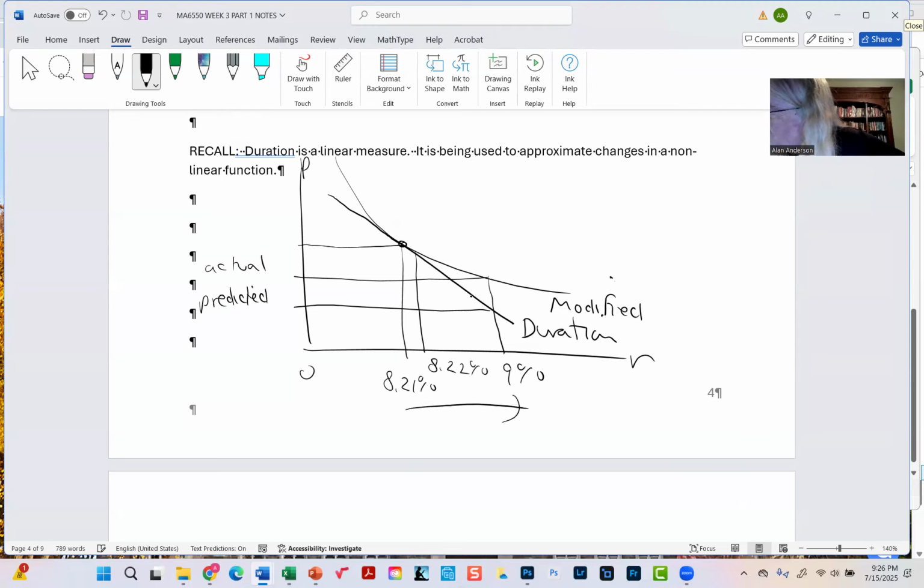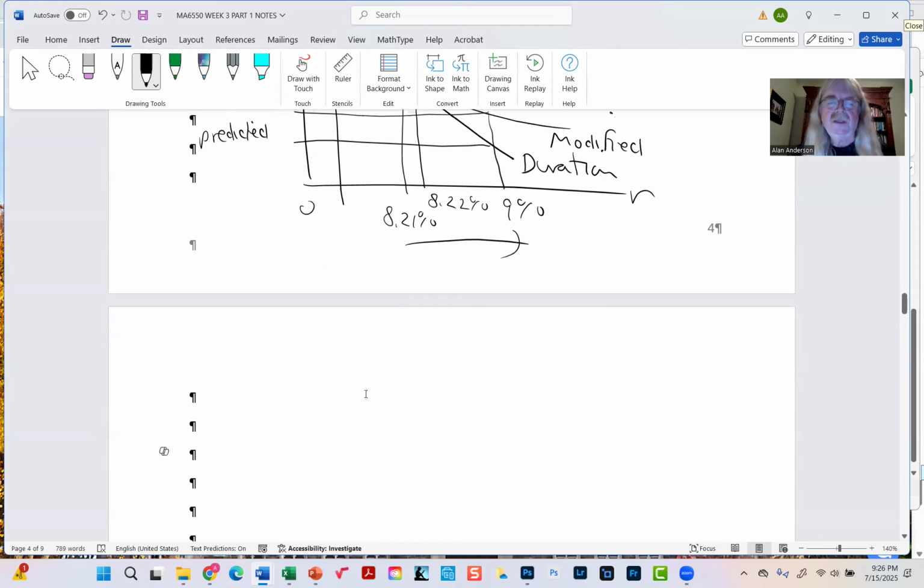So when the change is that big, that really does distort our duration results. It's seriously understating the new price of the bond. Okay, and it cuts in both directions. If I do the same thing down here, you can see the problem there too. So the duration measure is linear. The price yield curve is convex.